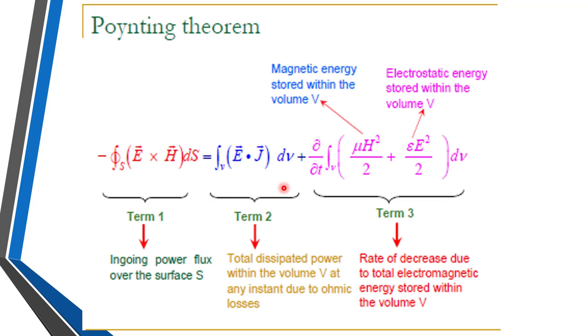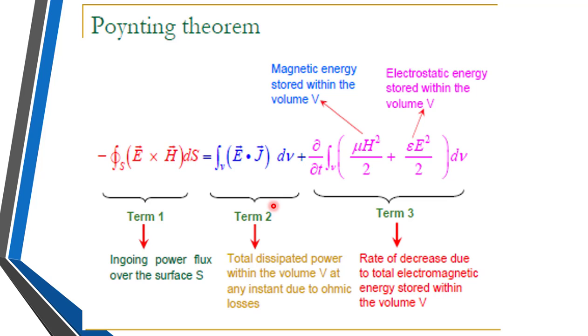Then the second term, E bar dot J bar dV, is nothing but the dissipated power within the volume V at any instant, or you can say the instantaneous power dissipation due to ohmic losses, because E is measured in volts per meter and J is amperes per meter square.